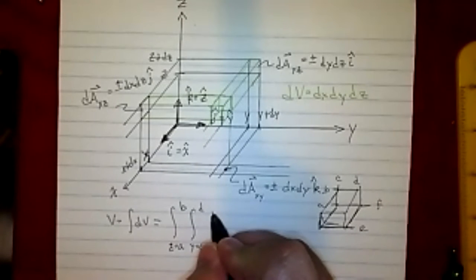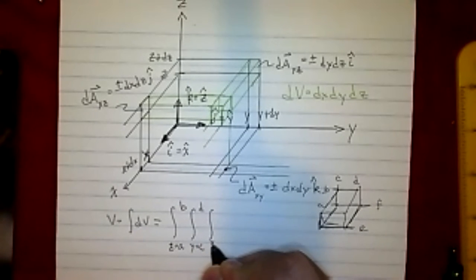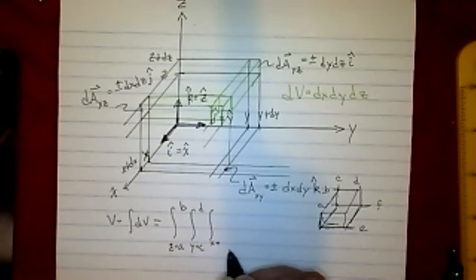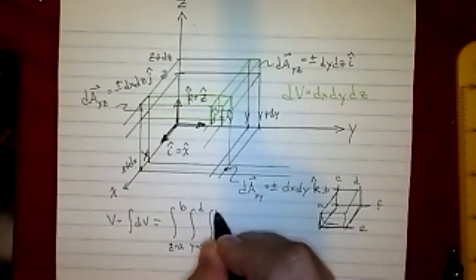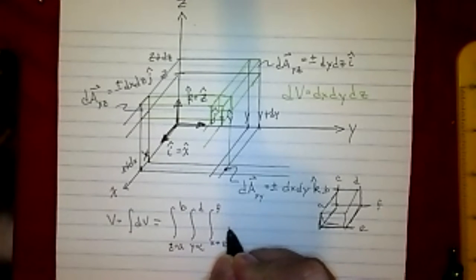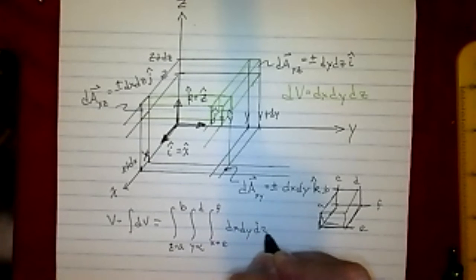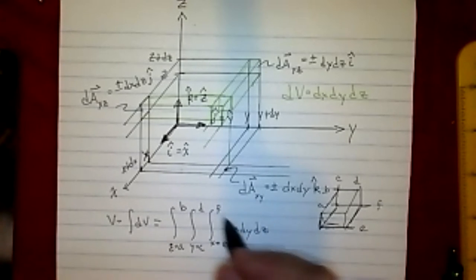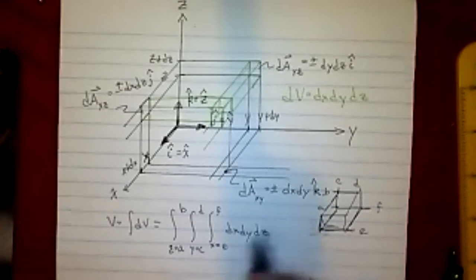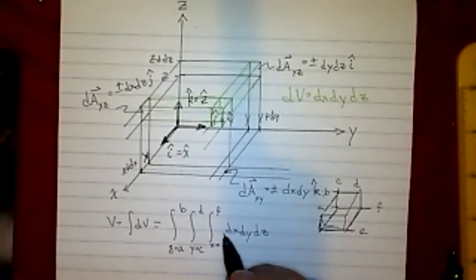So now I'll do these integrals. The integral of x from x equals e to x equals f, and the volume element would be dx dy dz, and I treat it like the innermost one gets the first integral. The integral of dx is just x, and that's evaluated at e and f, so I end up doing f minus e.